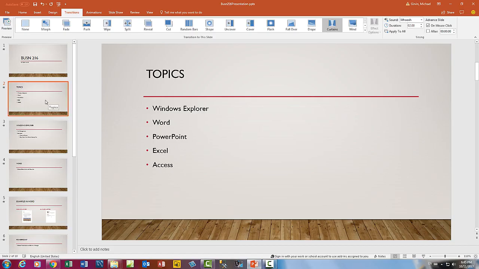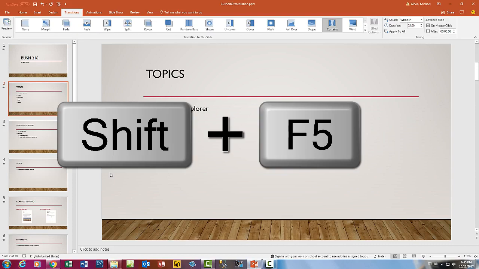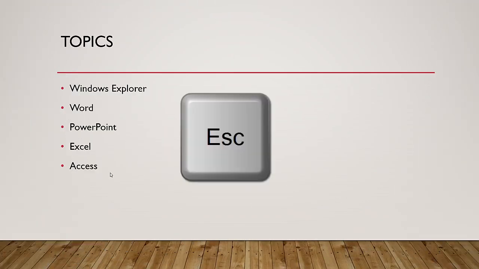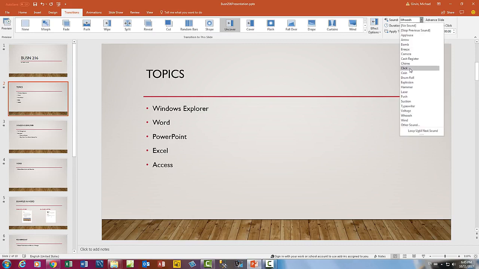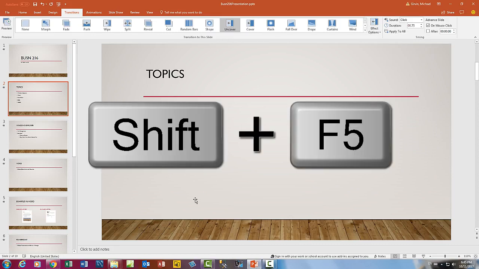Now let's try it. I'm going to, with slide 2 selected, use Shift F5. Oh, I don't think I like that. Escape. I'm going to try Uncover. All right, and I think I'm going to change the sound. I'm going to try Click. Now be sure to select Apply to All. Now I'm going to try it. Shift F5.